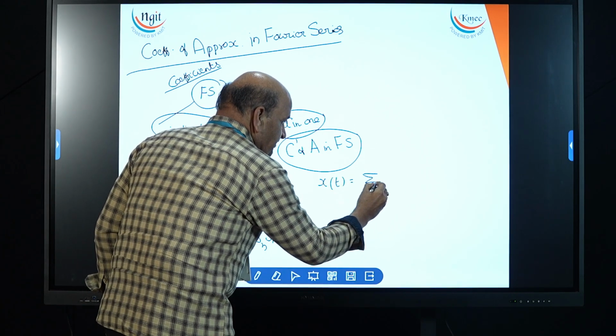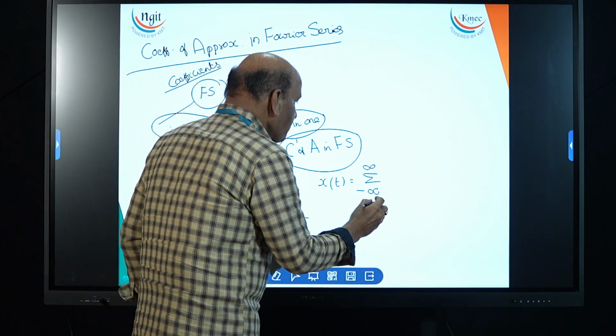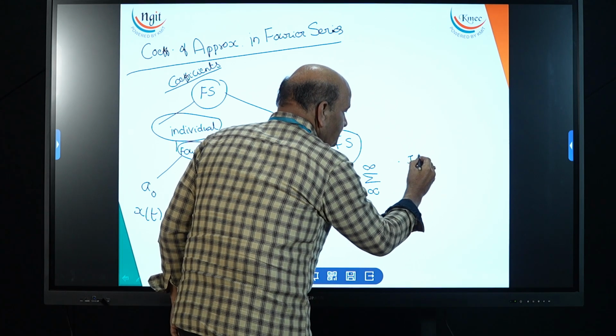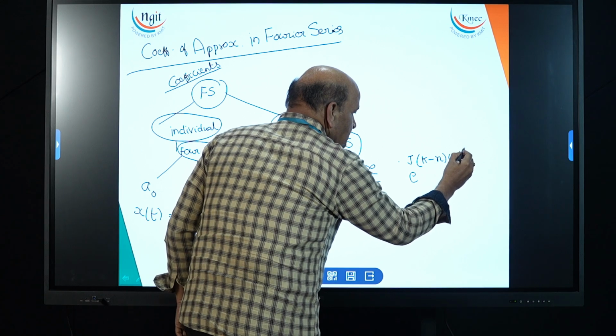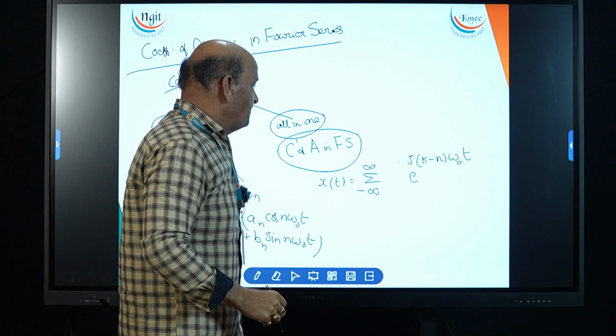X of t is equal to summation from minus infinity to infinity of C of k e power j into k minus n omega naught t. This is the signal representation.